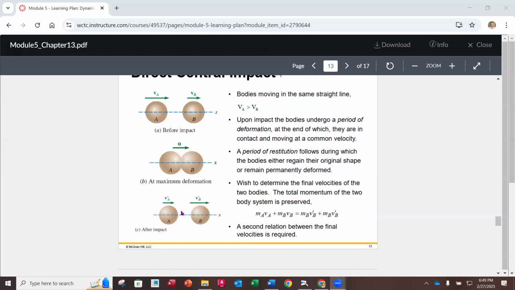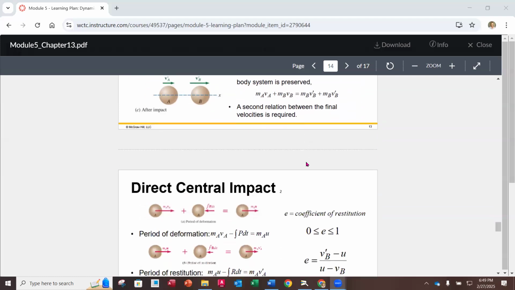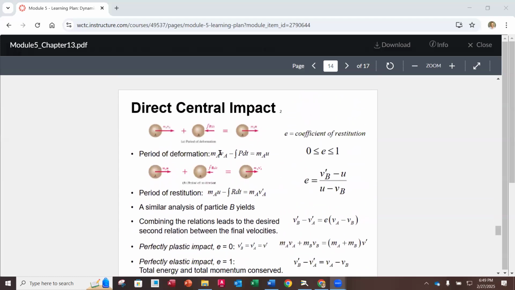So the higher the value of the coefficient of restitution, the bouncier the material is. The coefficient of restitution is going to be anywhere from 0 to 1, with 1 being the largest number. The higher the number, the bouncier the material.